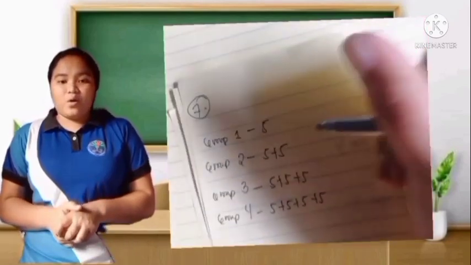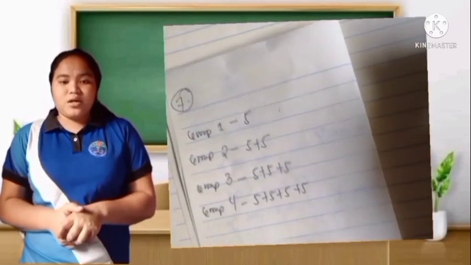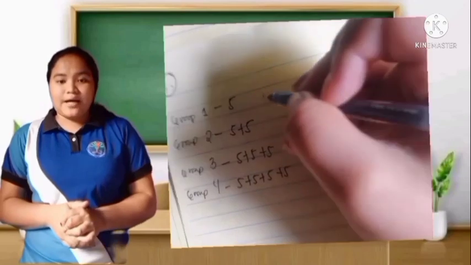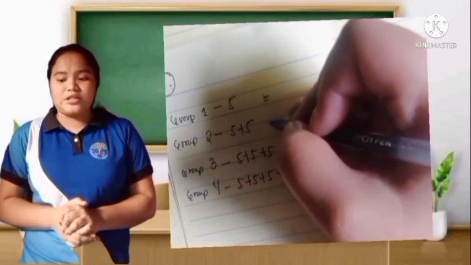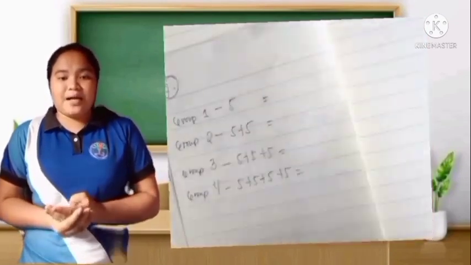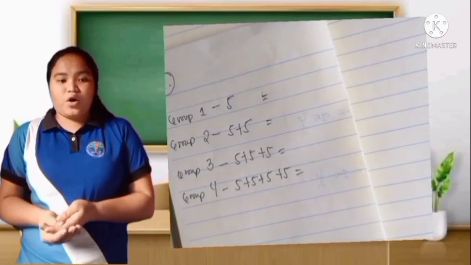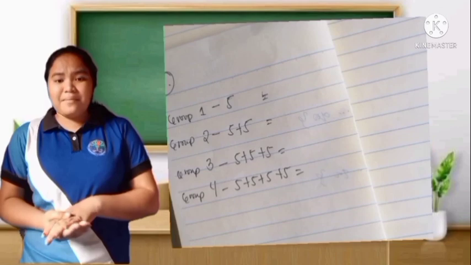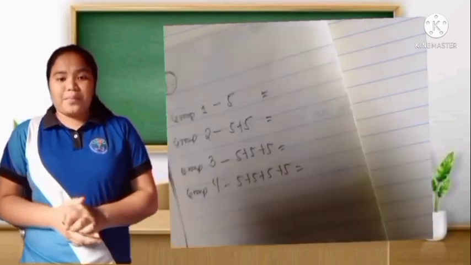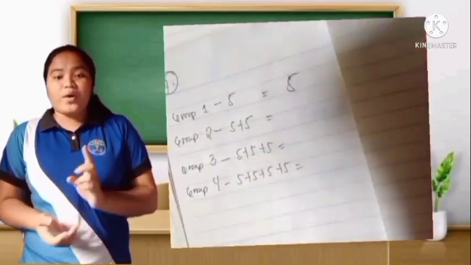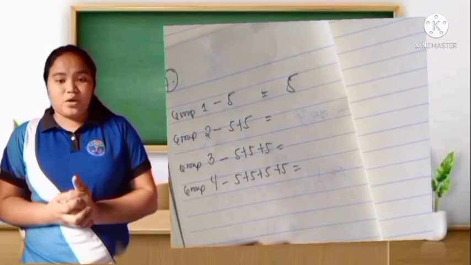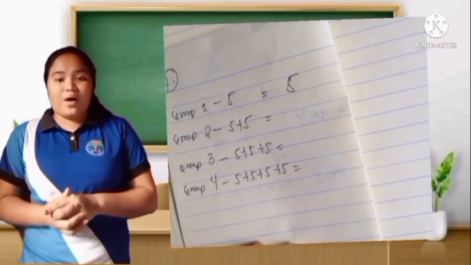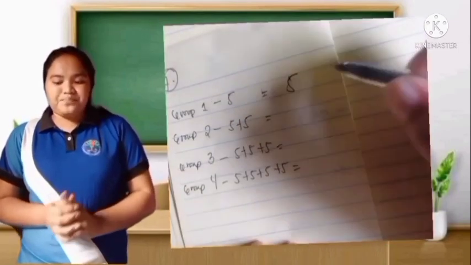Now, paano natin makukuha yung 50 pesos na answer dito sa question na ito? Ipag-add lamang natin yung mga 5 peso coin na na-distribute sa bawat grupo para makuha natin yung total na 50 pesos. Like in group 1, we have only 1 piece of 5 peso coin. So, equals 5 only.